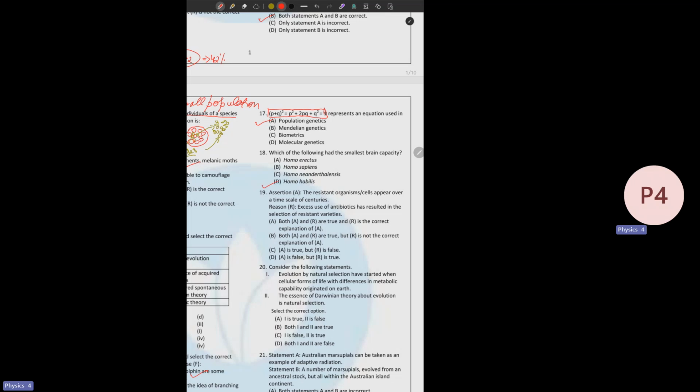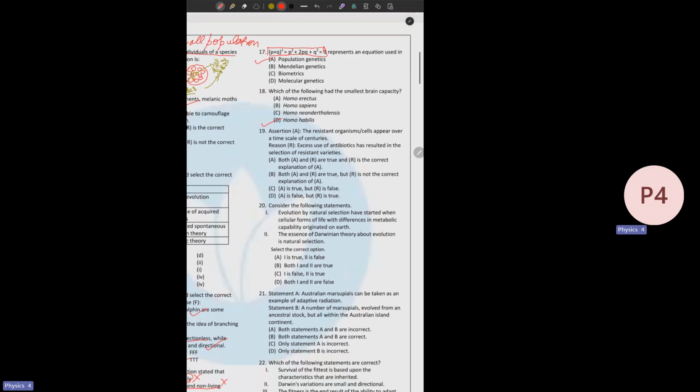It is Homo habilis. The resistant organism cells appear over a time scale of centuries, which is wrong. Why?